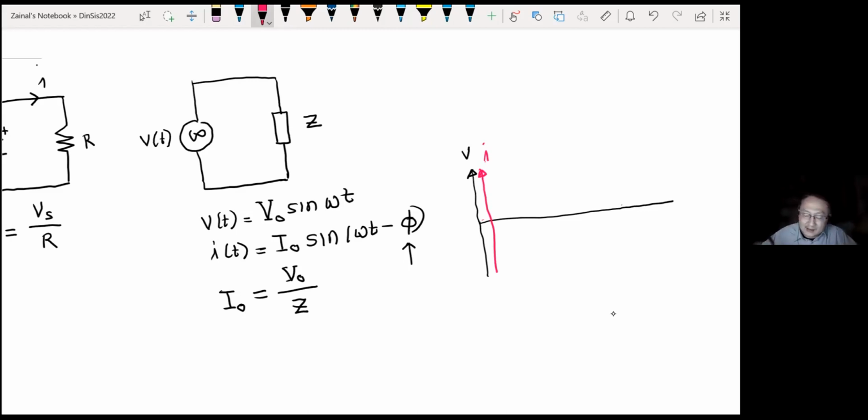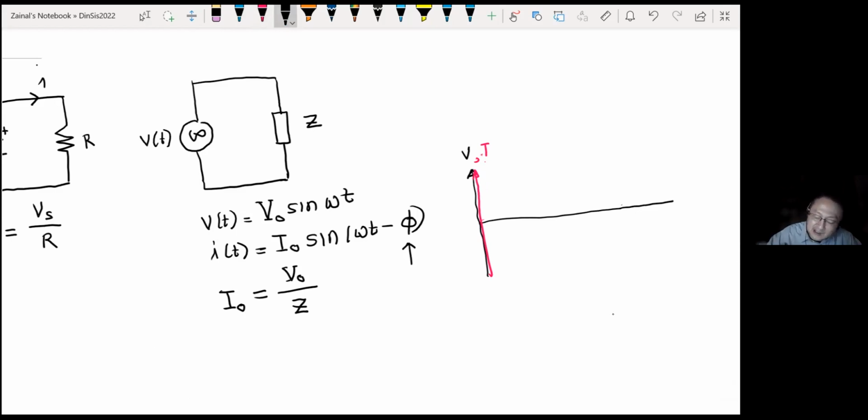Then what you see in the plot of this one, the current, I have to make this one. This one is the same as this one.